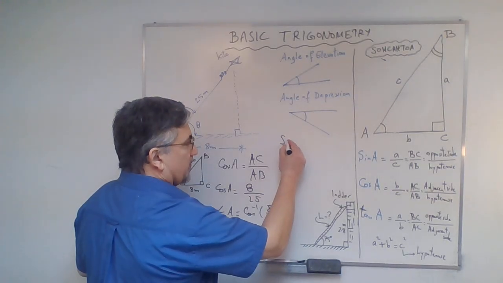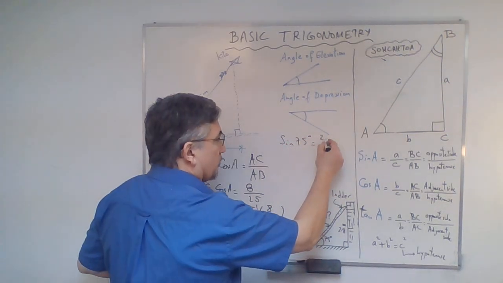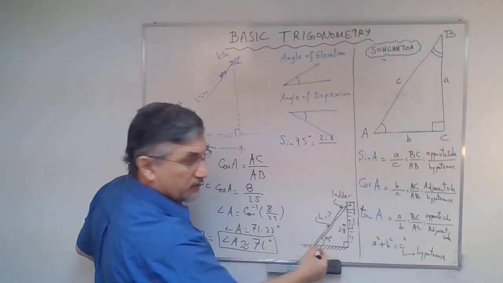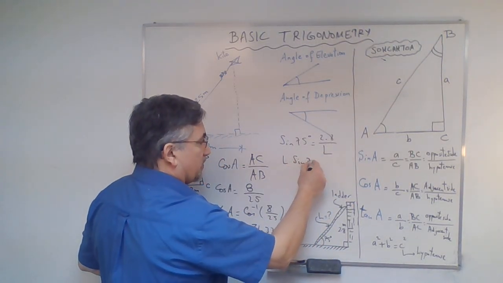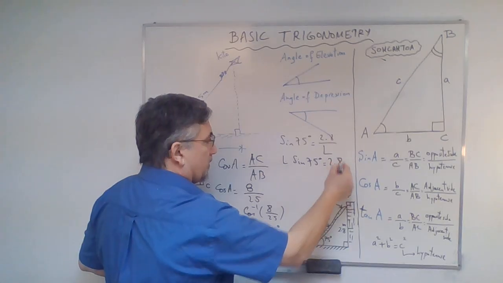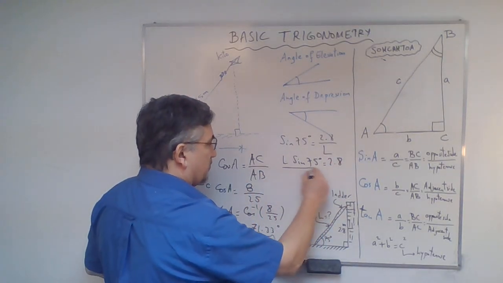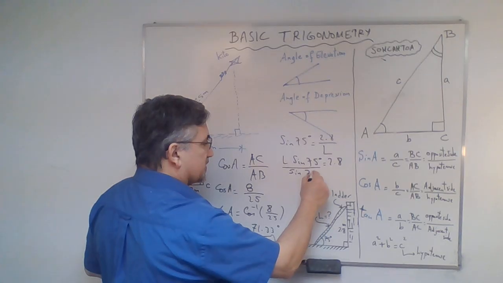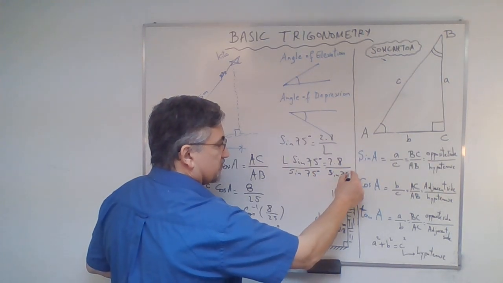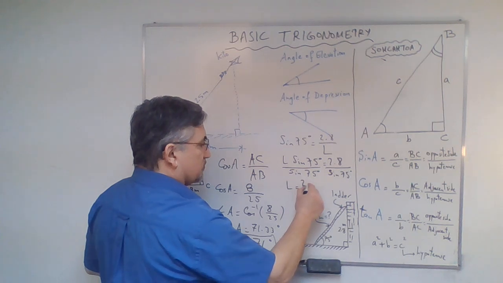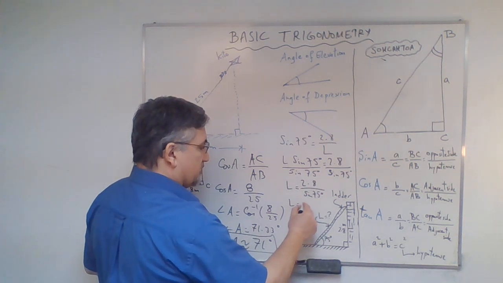So I'm going to say sine of 75 degrees equals opposite, which is 2.8, over hypotenuse, which is L. By cross multiplying, L times sine of 75 equals 2.8, and by dividing both sides by sine of 75 degrees, which is nothing but a decimal number, we find L equals 2.8 over sine of 75 degrees.